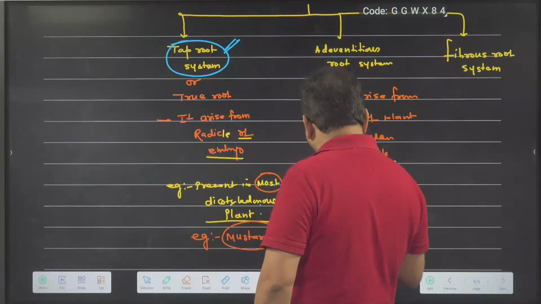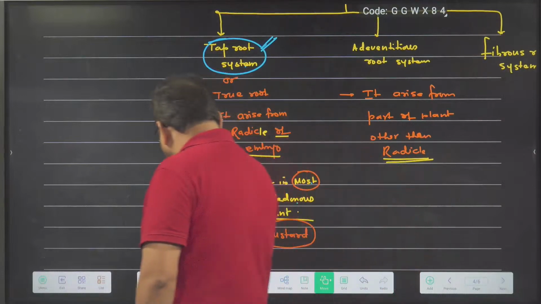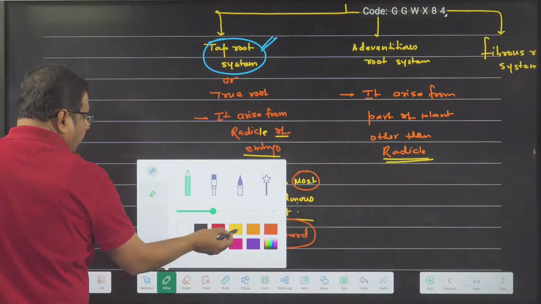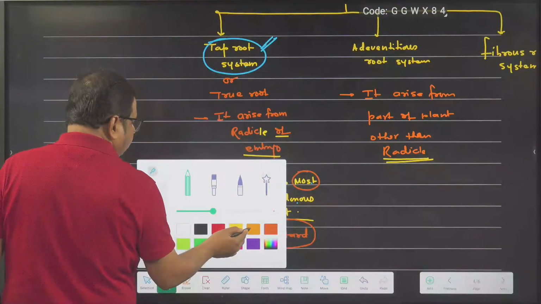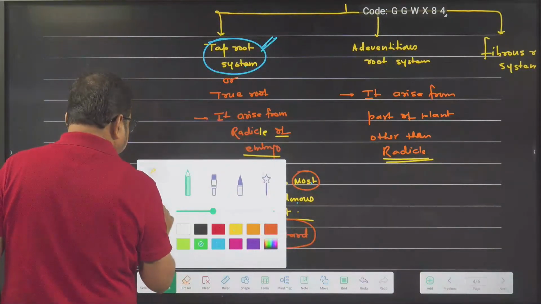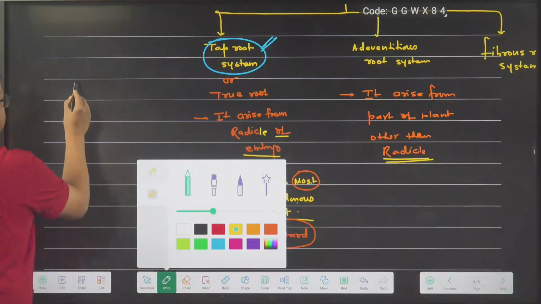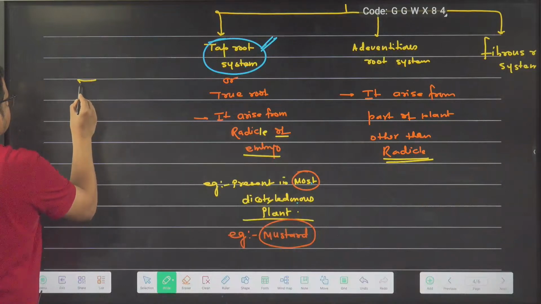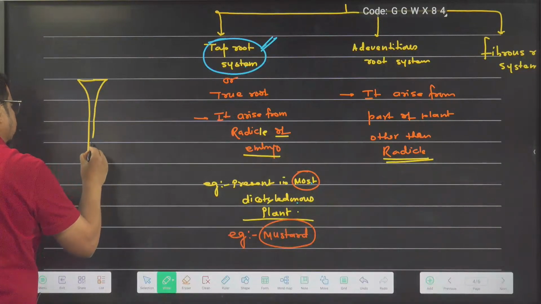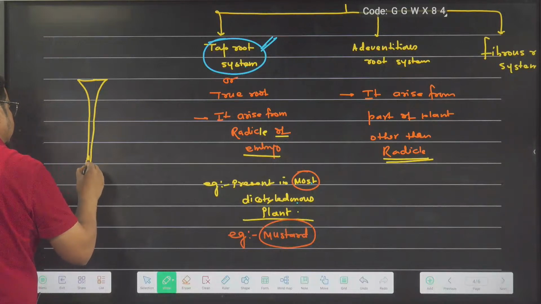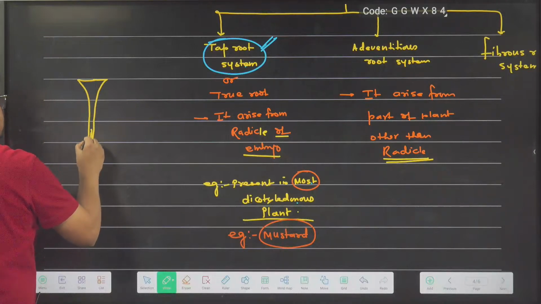So if we talk about the taproot, how this taproot appears, then I will talk about the adventitious root and fibrous root. Give your attention. So first I am drawing a taproot. How it looks like, I am just telling you. Suppose that this is the primary root.